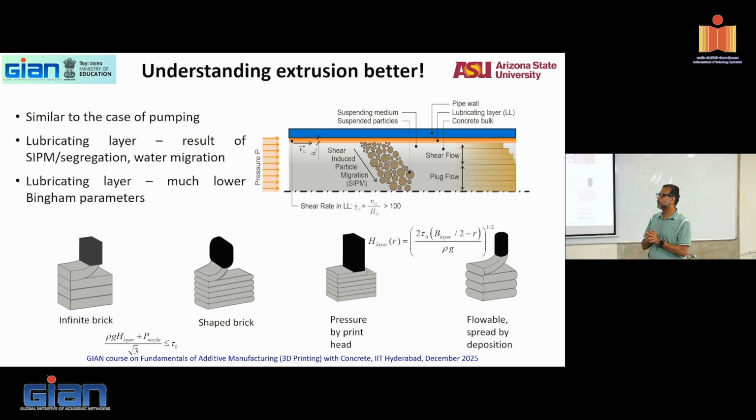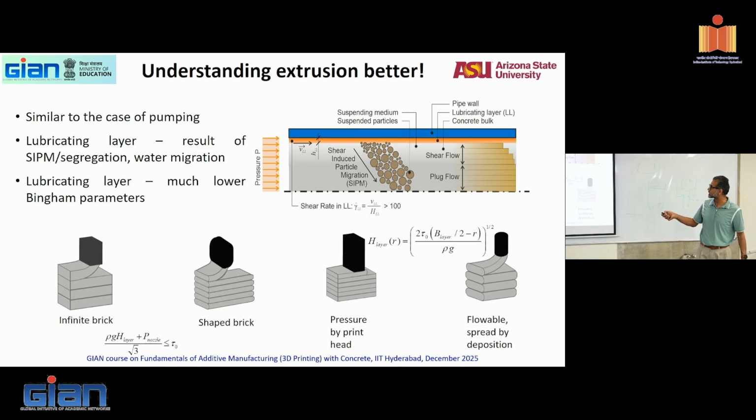Right? So now we'll do a little bit more of what happens to the material as you go through, picking up from the first lecture that you heard from Professor Subramaniam on Tuesday, right? So understanding it better from the point of how do we relate it to pumping. So if you have extrusion that happens, what I'm showing is half the cross section of a pipe or an extruder.